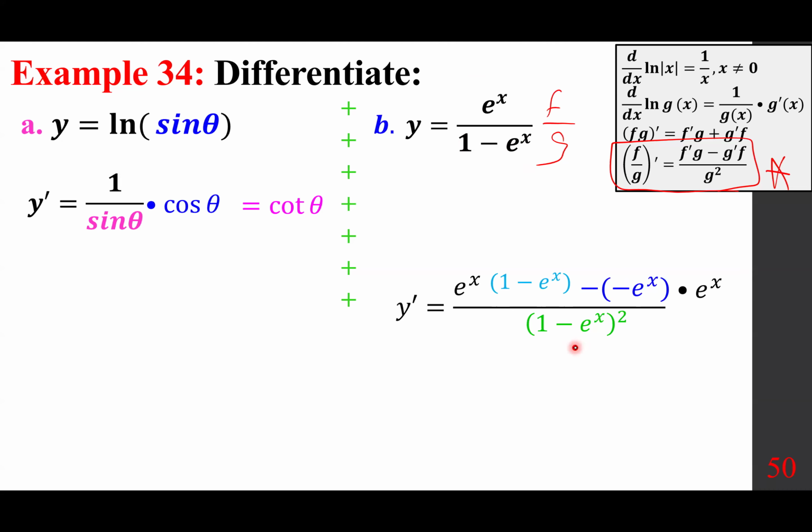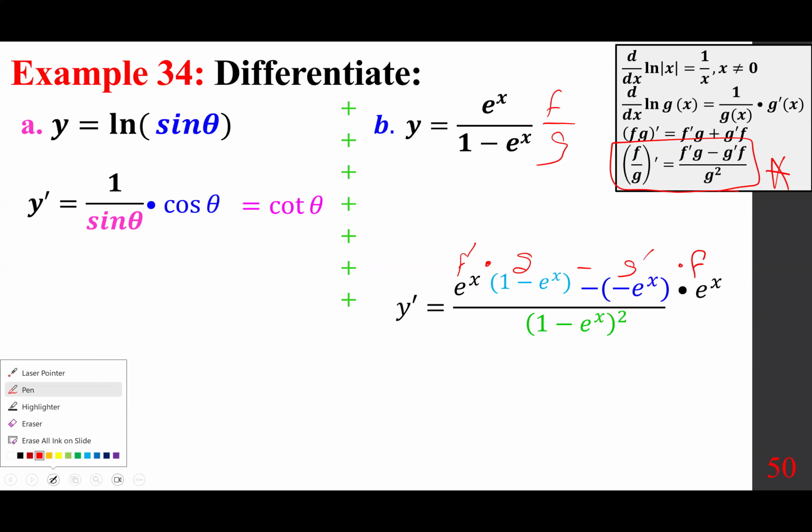So what we are looking at is f prime g minus g prime f. All we have to do is simplify the bottom, and we are done. So distribute, you get e to the power of x.